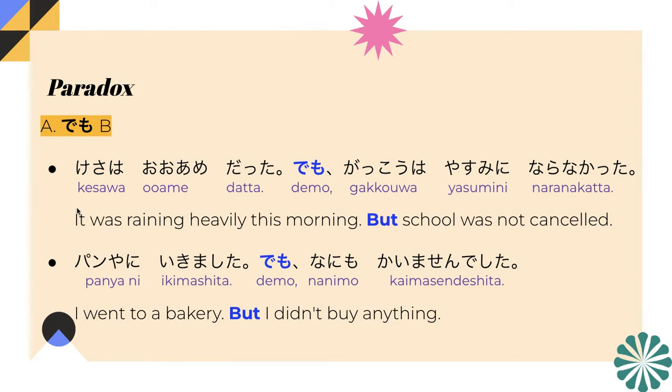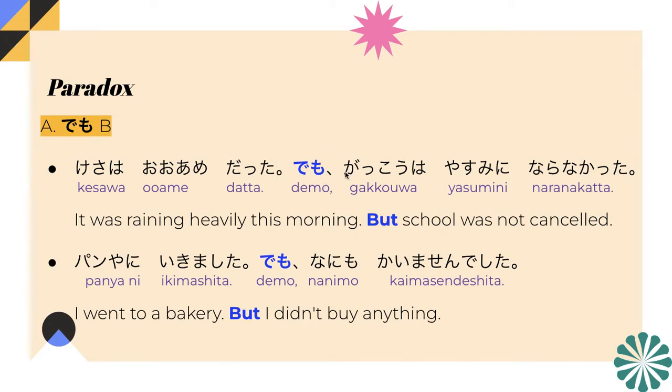To say this in Japanese, it would be 今朝は大雨だった。でも学校は休みにならなかった。So this is the statement A. It was raining heavily this morning. でも, however, or but.